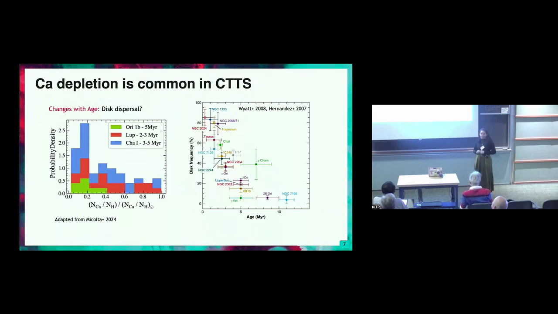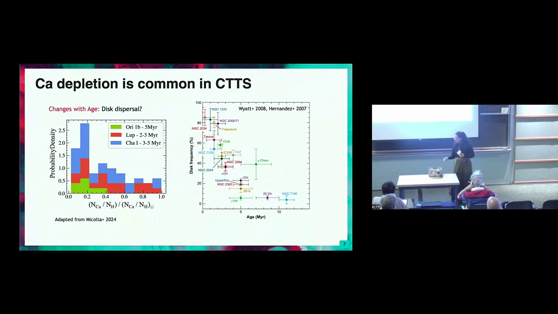We see it in every single star-forming region, so it's something that is happening. More importantly, for all regions, we cannot detect any star without depletion. So all the stars that we had were depleted, which can suggest a trend with age, but we need to have a bigger sample to be able to confirm it.